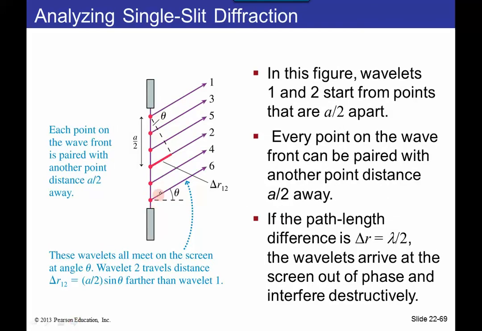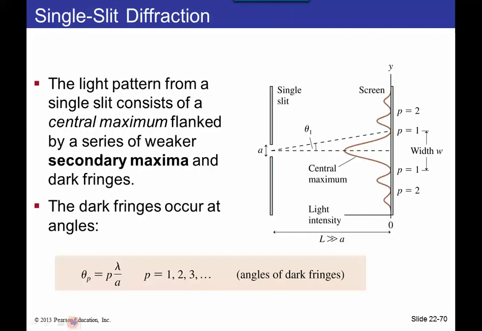But if you want to look at an angle, then you're going to have fringes again. The shape of the intensity on the screen is going to be like this, where you have a sharp maximum and these smaller maximums here, and then you have these dark spots.